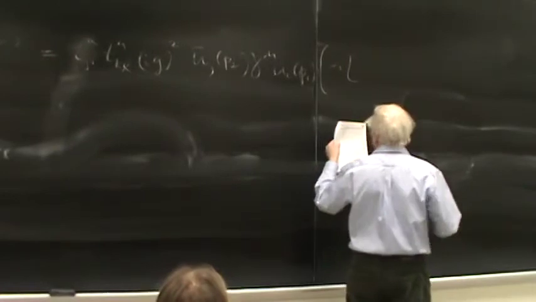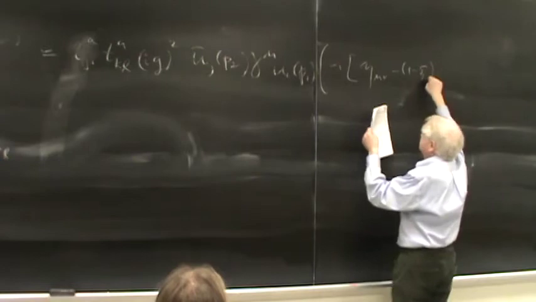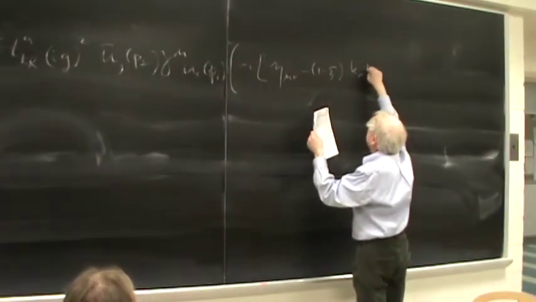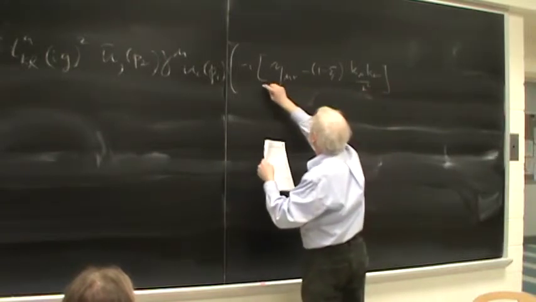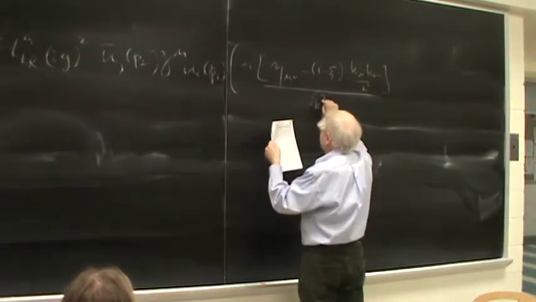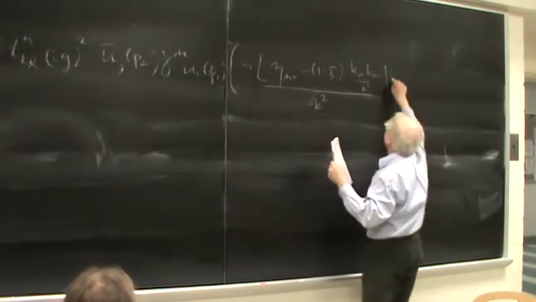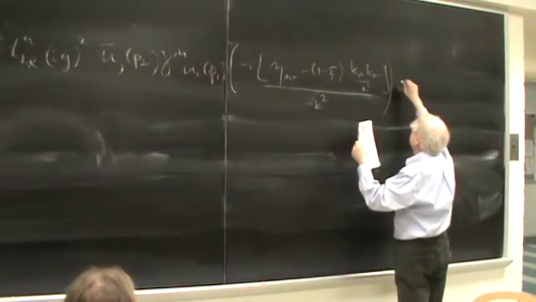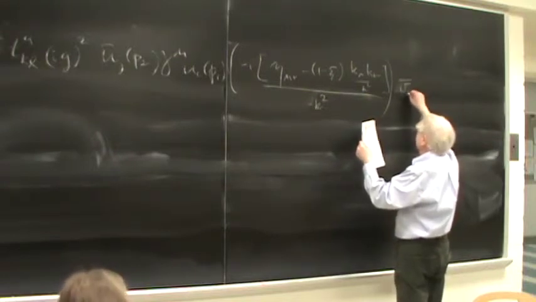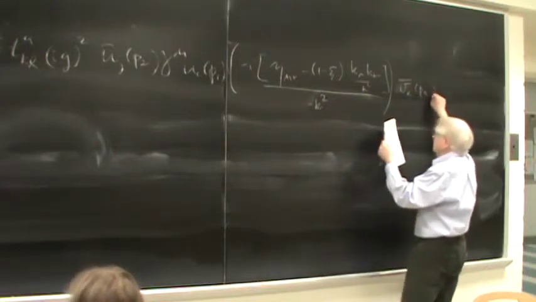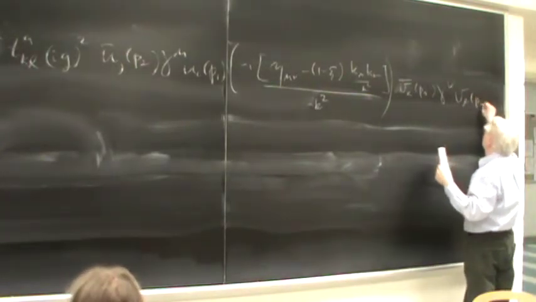So you can write it as minus I, eta mu nu minus (1 minus C) K mu K nu over K squared, and the whole thing is over K squared. And then the bottom part, you use the antiparticle spinors, V bar K of P3 gamma nu V L of P4.